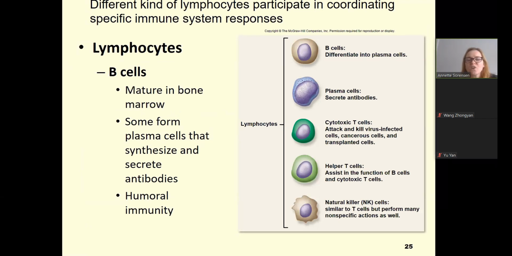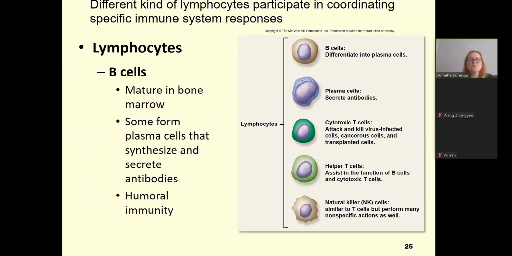We're going to start off with talking about the B cells. So the B cell is a cell which matures in the bone marrow. The B cell can form these plasma cells, and it's these plasma cells that can synthesize and secrete antibodies.